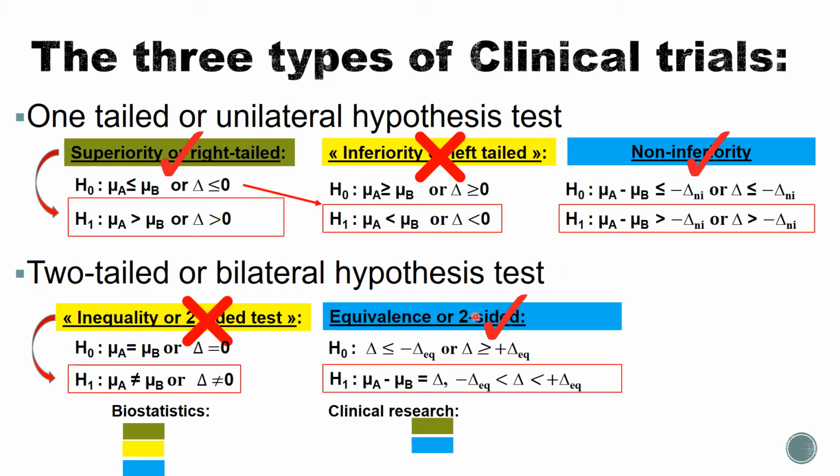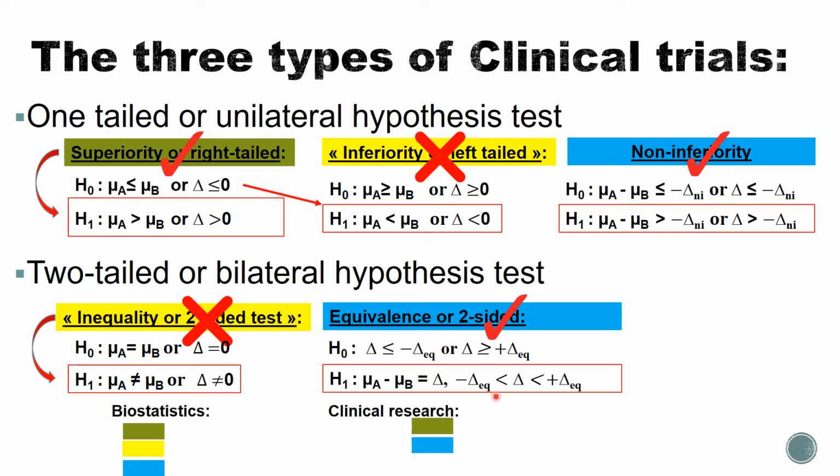Or maybe we would want to carry out an equivalence trial in a case where we don't want the new treatment to be worse than the existing drug to some extent, and then it shouldn't also be too efficient to some extent, especially in anesthesiology.